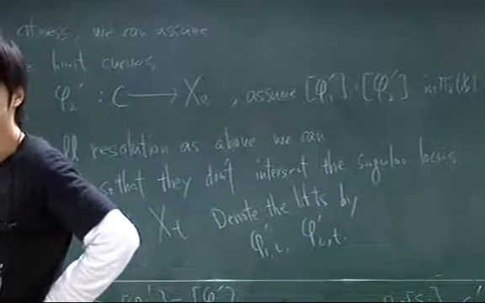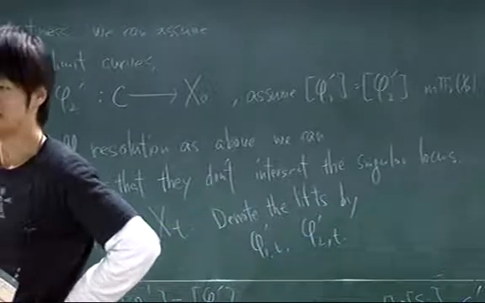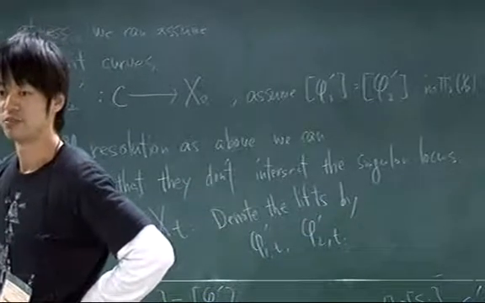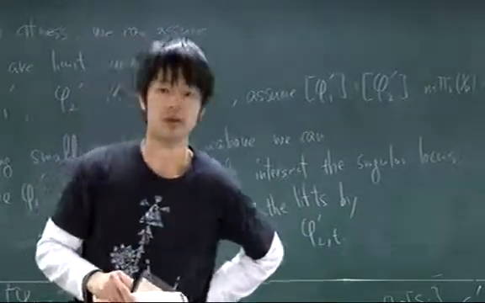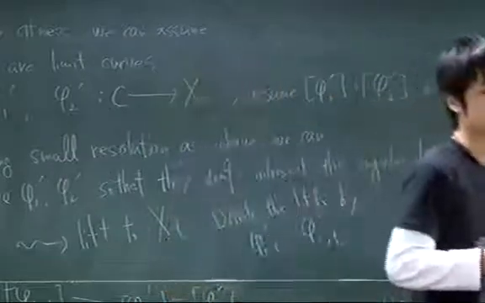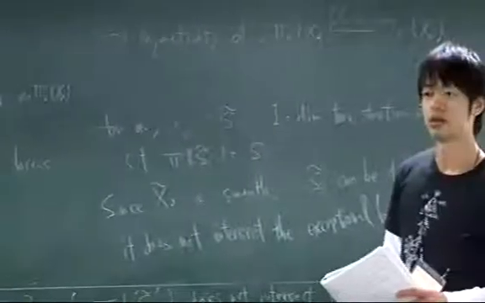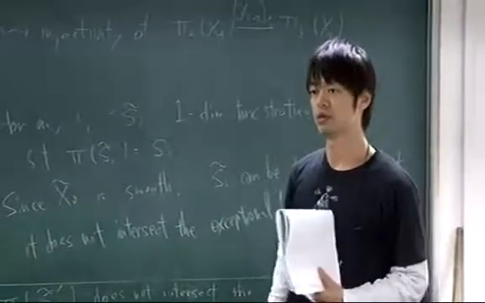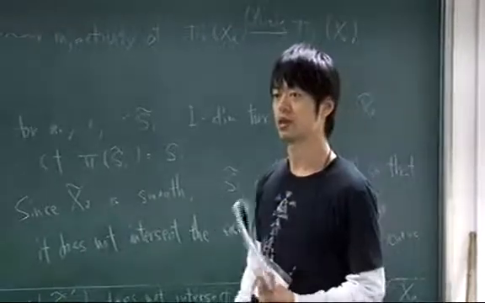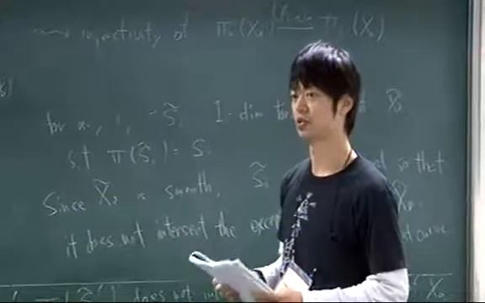X0 tilde is the resolution, xt is the smoothing. It's not the deformation of, but it might have different topology. X0 tilde and xt can be topologically different. Xt is a smoothing, and x0 tilde is a resolution.